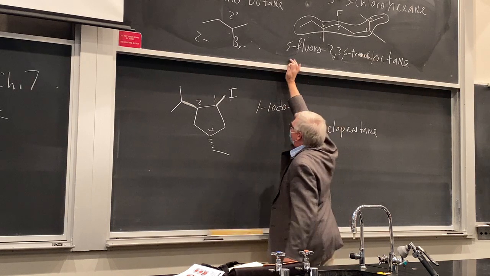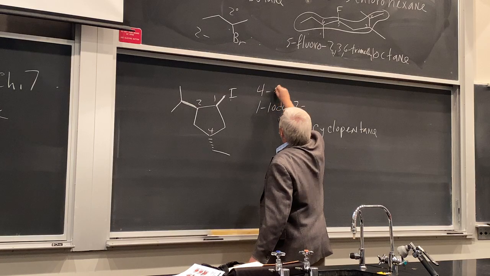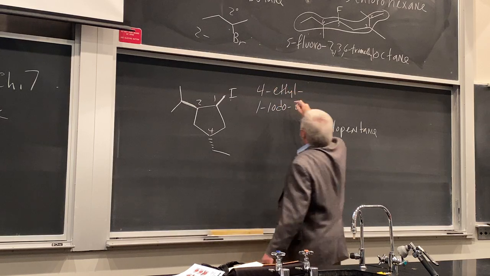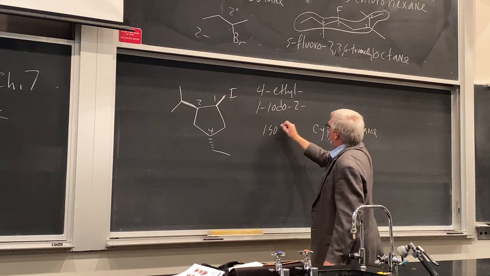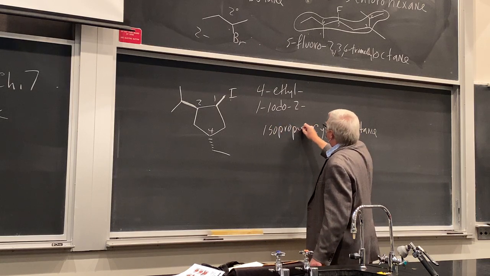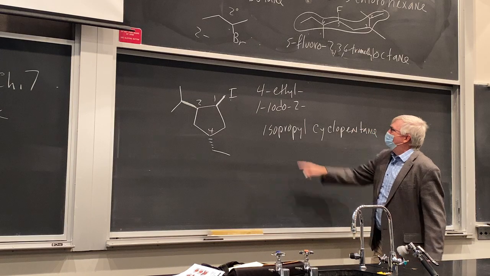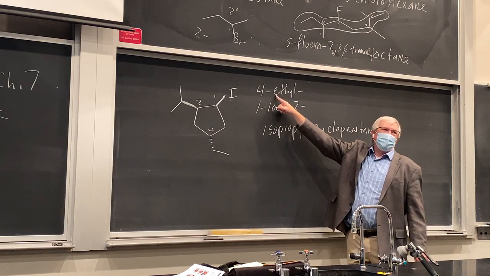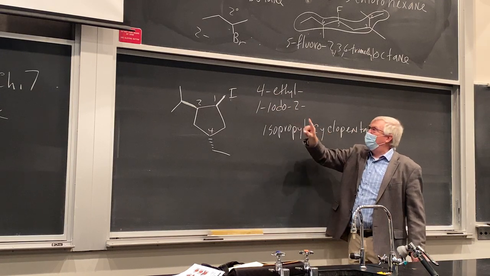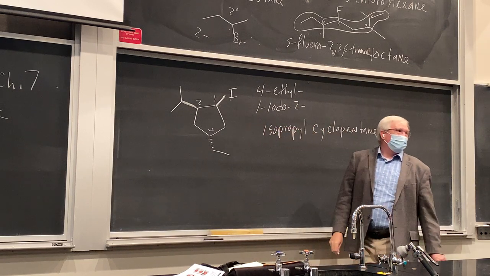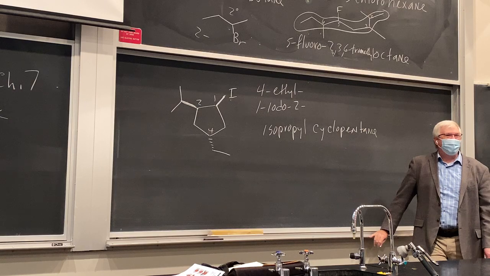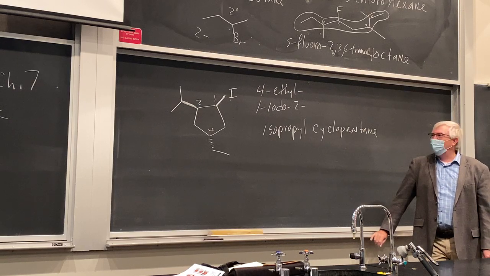No. Okay. So up here we have to have 4 ethyl, right? So that's first. Then 2 iodo, then 2 isopropyl. Okay. So yeah, we do alphabetize when we string the prefixes together, but we use the alphabet to determine which one got the lowest number. Does that make sense? And so we apply those rules sequentially.